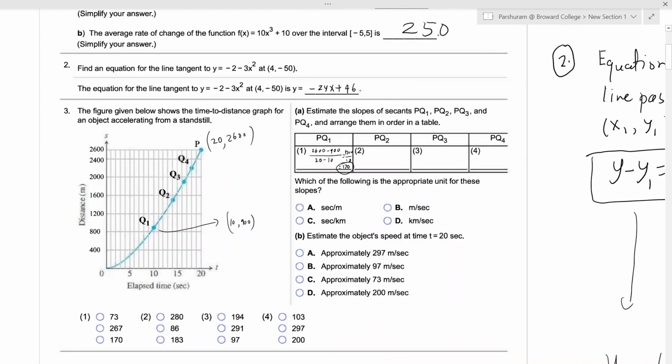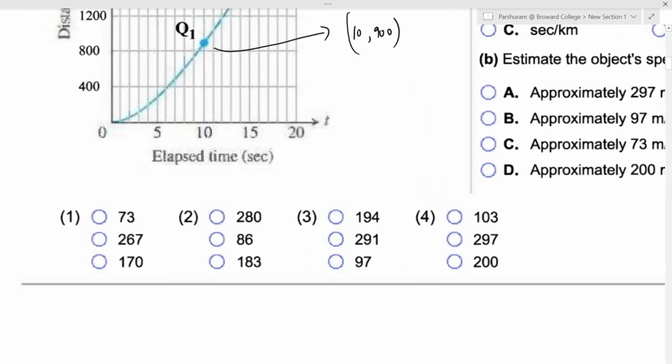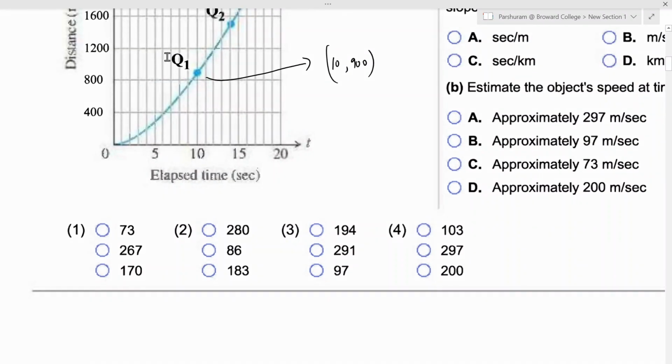These are the options we have: 73, 267, 170. Because we are just approximating the y coordinate for Q1, even your answer is not exact, so you try to choose the very close answer. But in this case, we got lucky that we are getting the exact value. So the slope of PQ1 is 170.